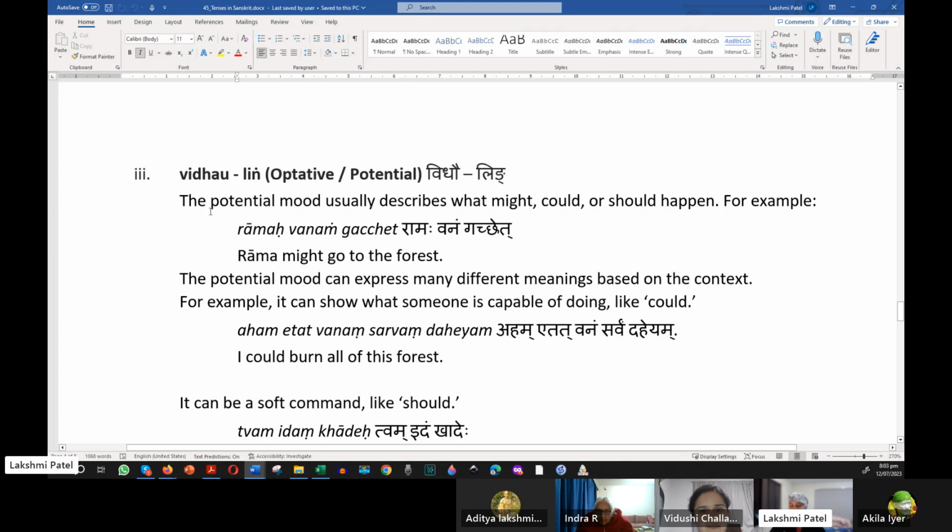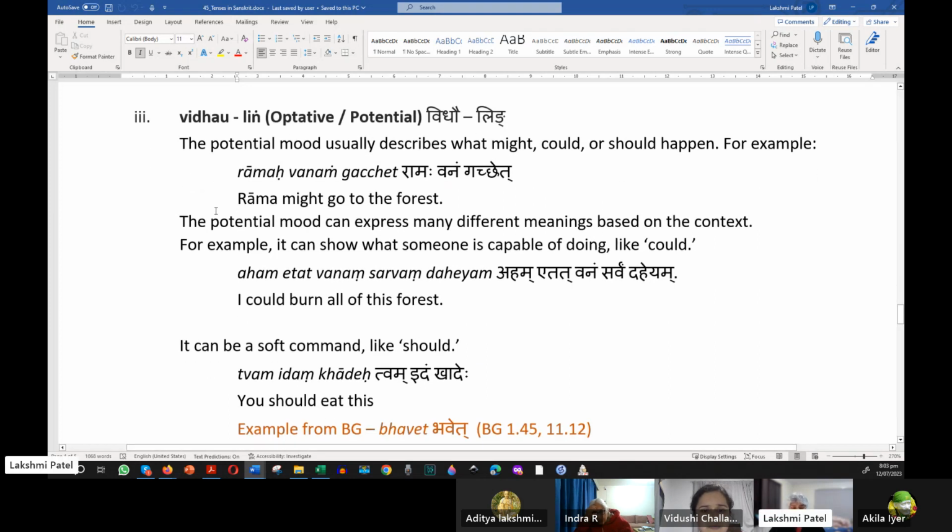The potential mood. What could happen? What might happen? Ramaha vanam gachet. He might go. Aham gacheyam. I might go. Aham bharatam gacheyam. I might go to India.